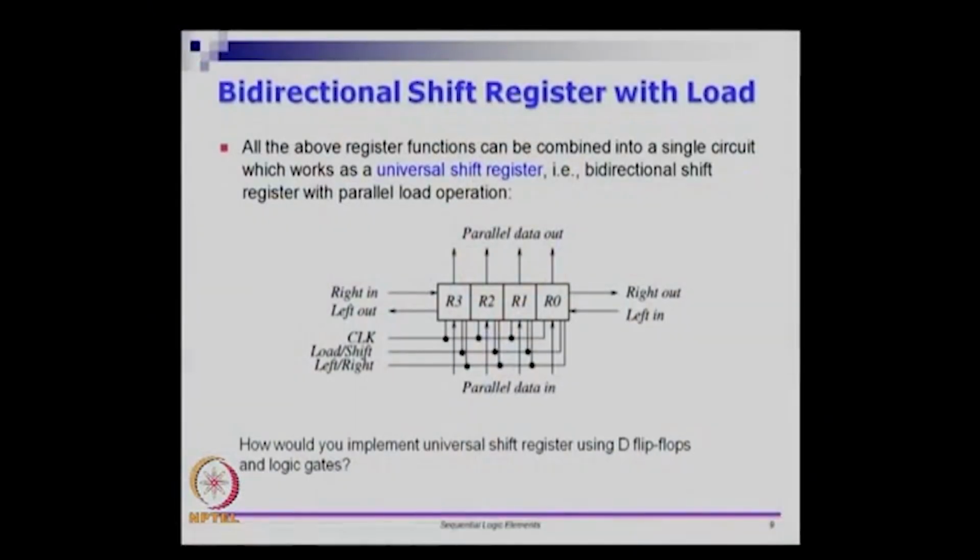So go and think about how you will design a circuit for this. The whole circuit is not shown, you are only seeing boxes here. Go and see how you can design a circuit which can do this. So this is another homework that I want to give you. How do you implement a universal shift register using D flip flops and basic logic gates?